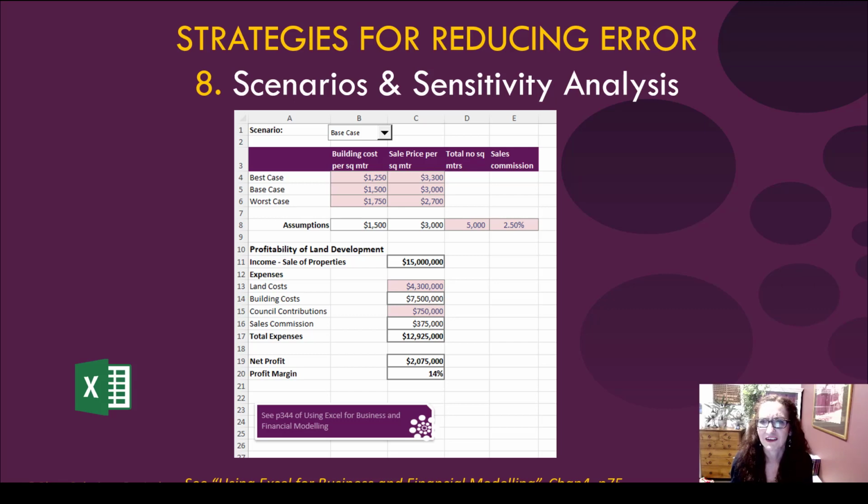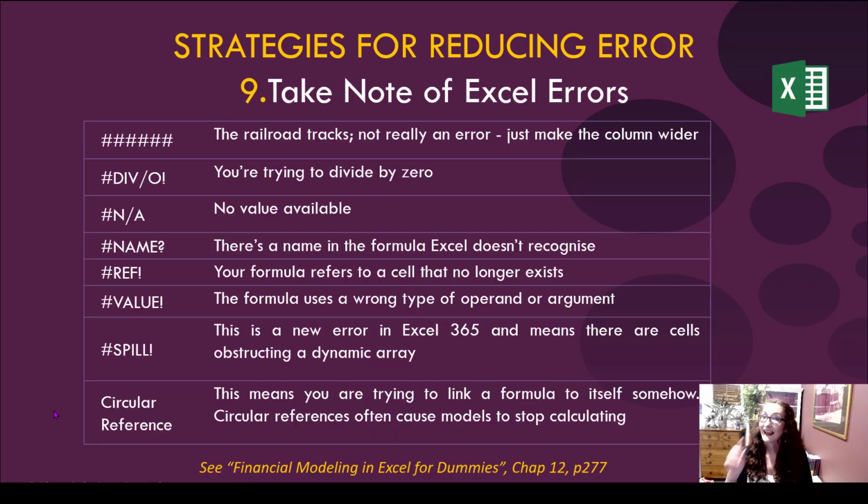You should be doing scenarios and sensitivity analysis anyway in your financial models, but always try to use those to flush out a lot of the best practices that we'll talk about today. And a lot of it is common sense, and a lot of it is for the purpose of reducing errors in your financial models.